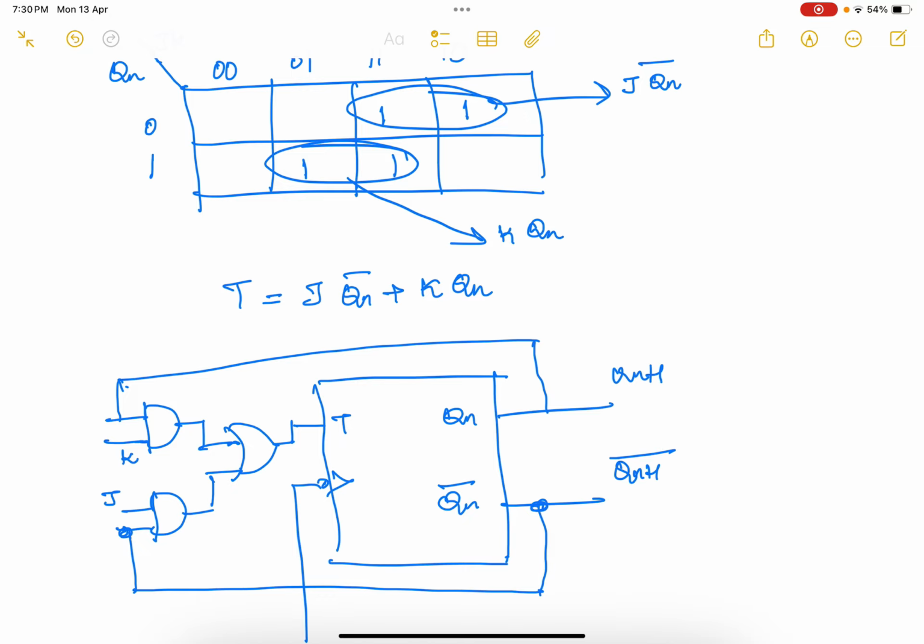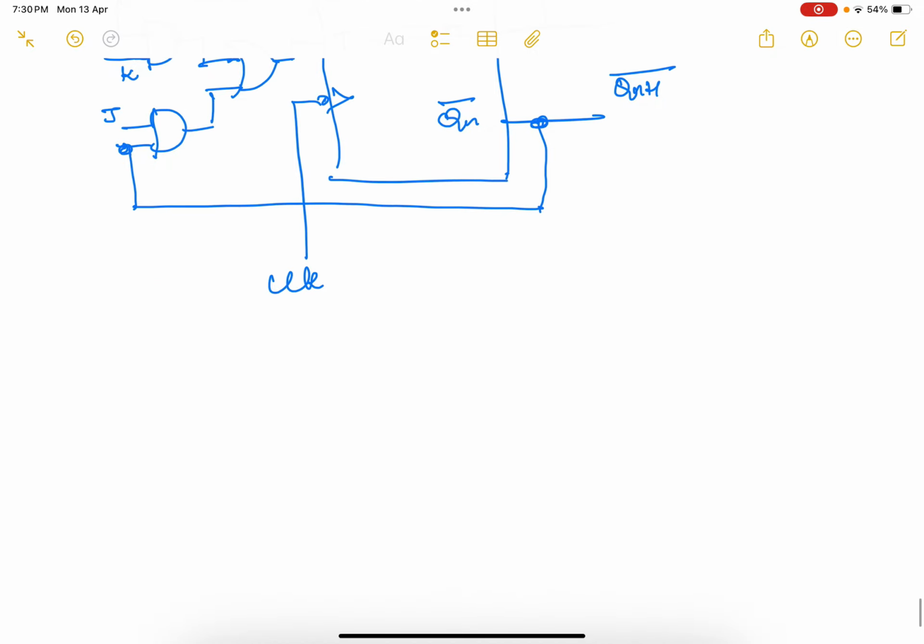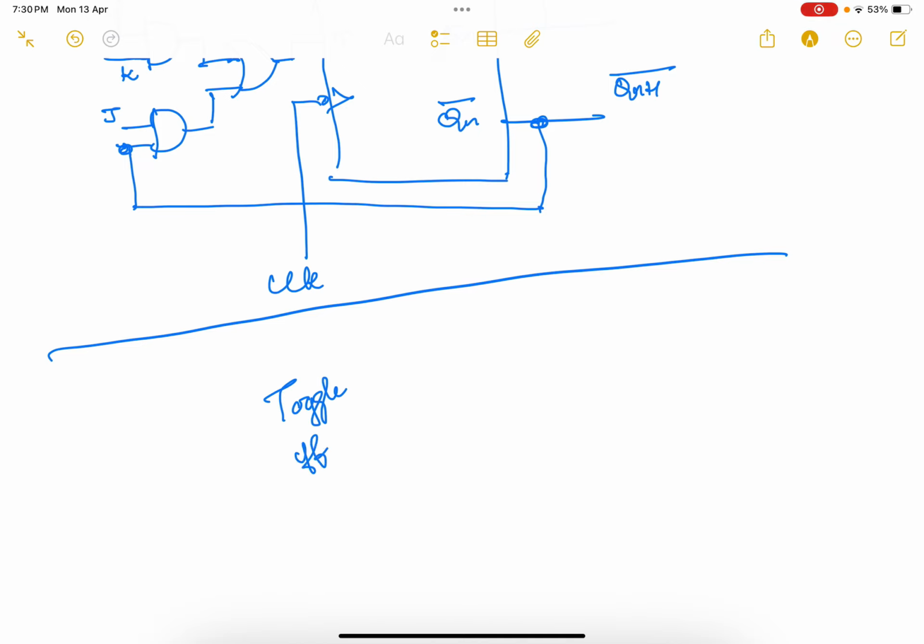So now we have done all three conversions. We have seen the conversion from T, that is the toggle flip-flop, to all three types: D flip-flop, SR flip-flop, and JK flip-flop.